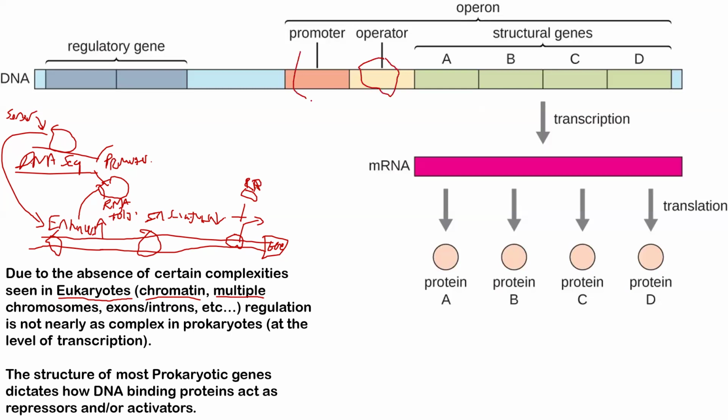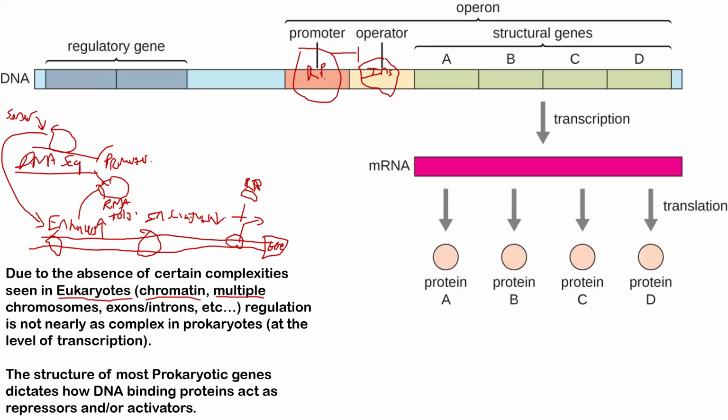And so if RNA polymerase binds here, RP, and this is an inhibitor or an insulator element, RNA polymerase is actually mechanically, physically blocked.